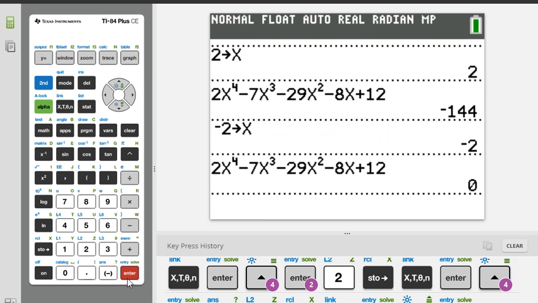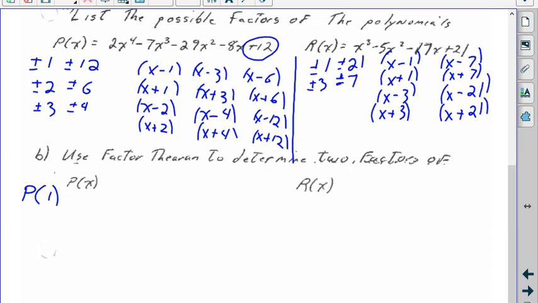So we had minus 1 and negative 2 as our two zeros. P at 1 did not equal 0. P at negative 1 did equal 0. P at 2 did not equal 0.